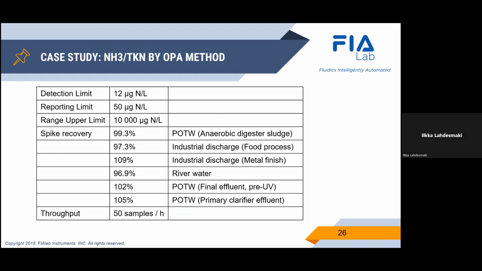But as I mentioned earlier, if there is a need to go lower, that is easily done by just increasing the sample loop size, so that you should be able to go to something like a reporting limit of 10 ppb and a detection limit of 1 to 2 ppb.